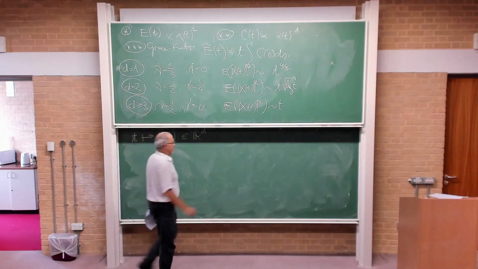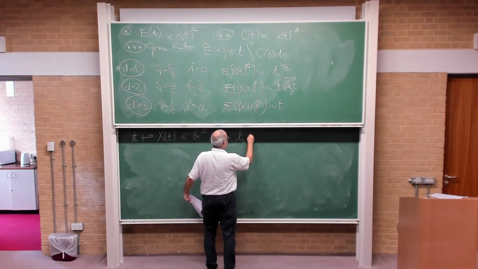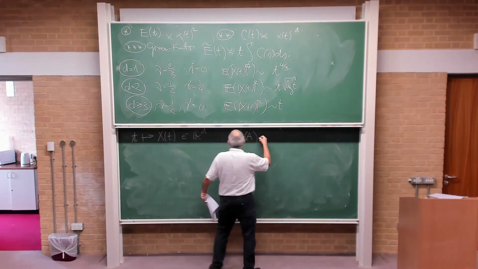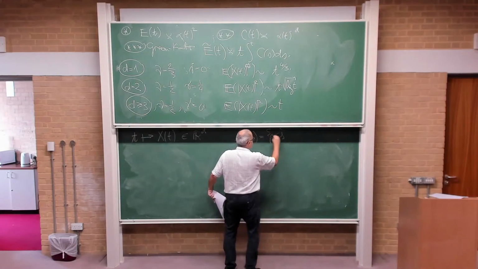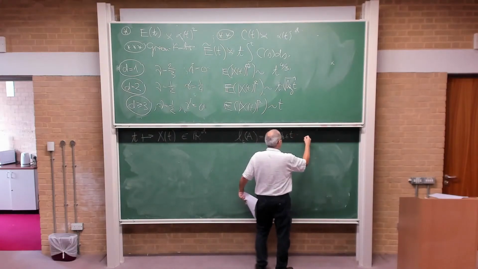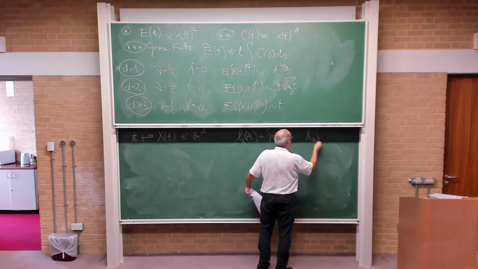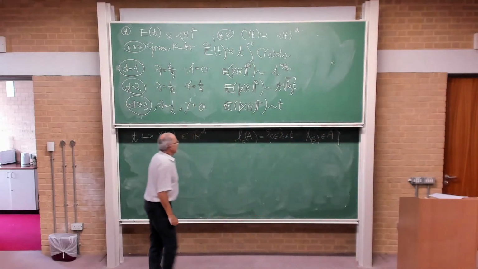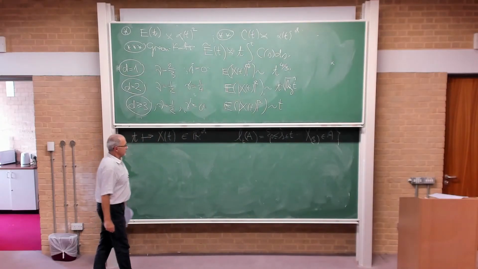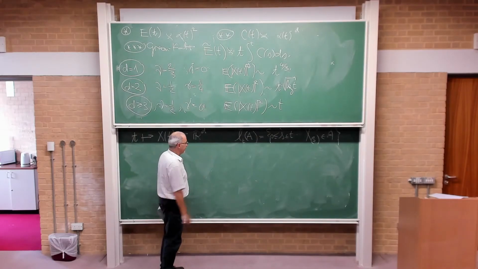It has an occupation time measure, so let me call L_t(A) the occupation time measure of this process, the measure of s between 0 and t such that X_s is in A. In order to define my process, this will be the process before the limit. I want to understand the scaling limit of the process I define.